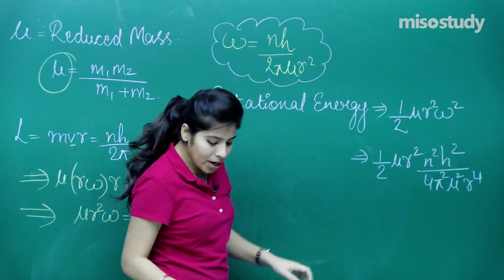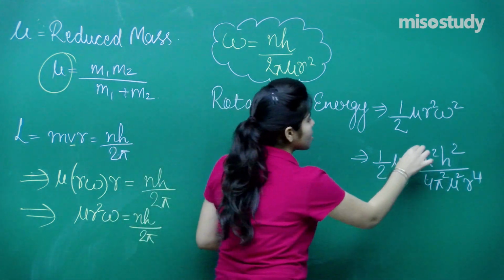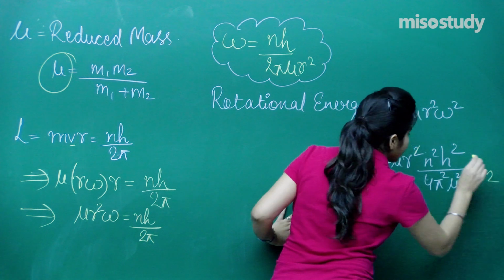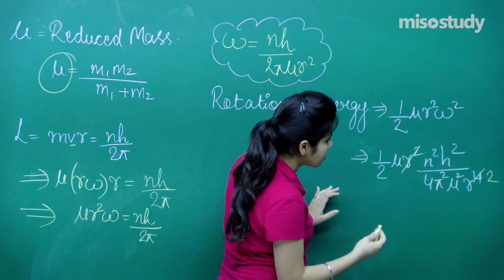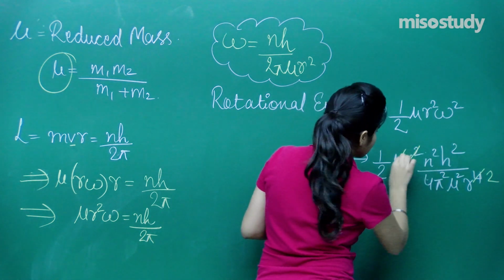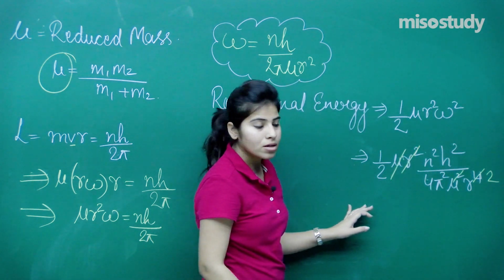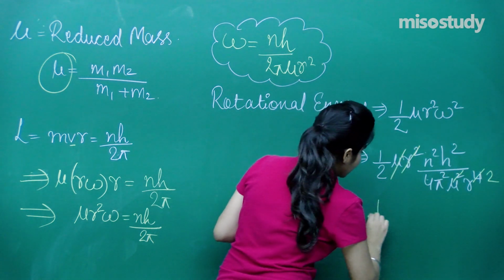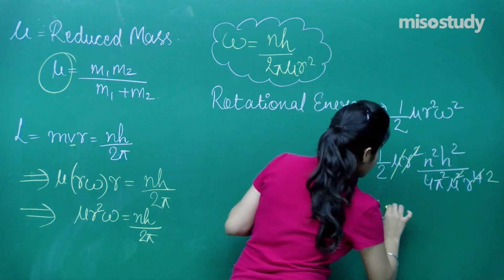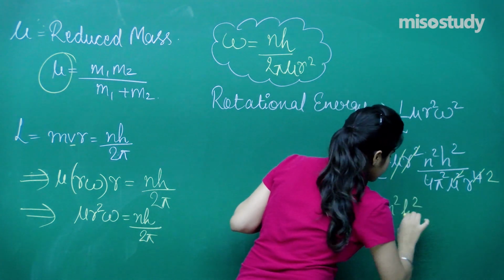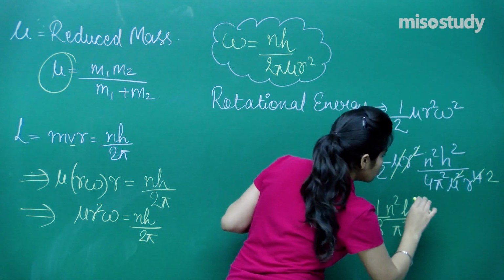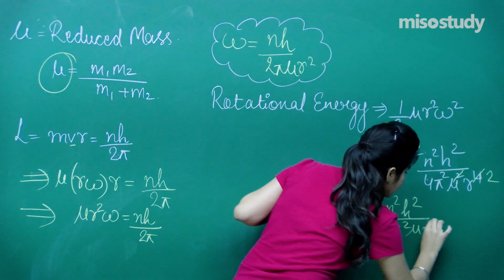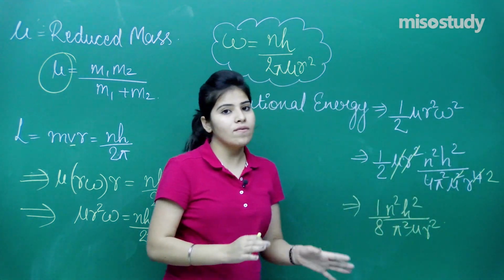From here I can see that r square cancels, and mu and mu get cancelled. So we are left with 1 by 8 n square h square divided by pi square into mu r square.